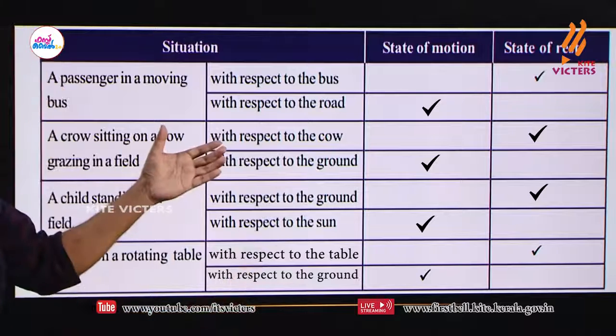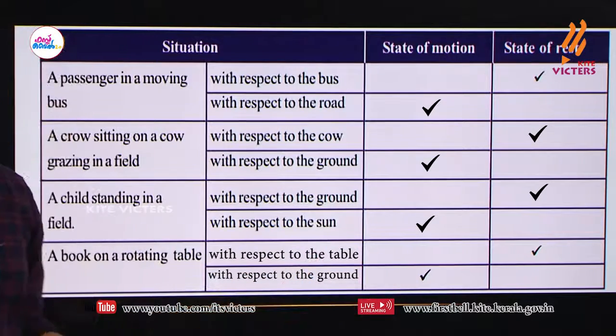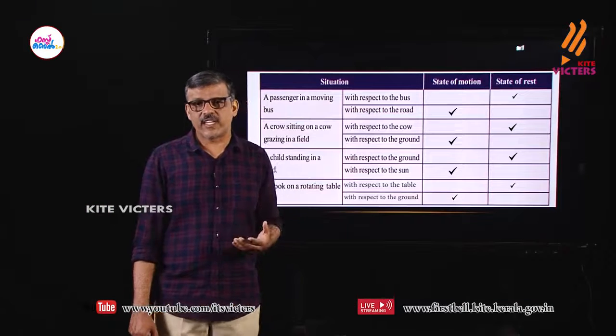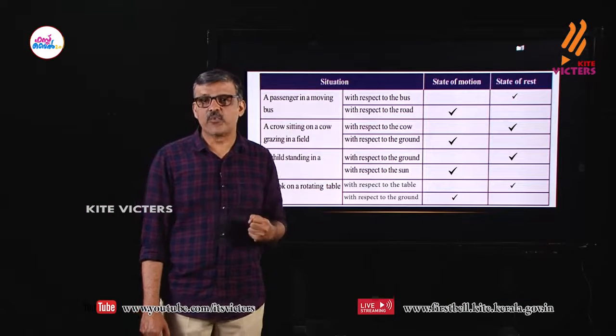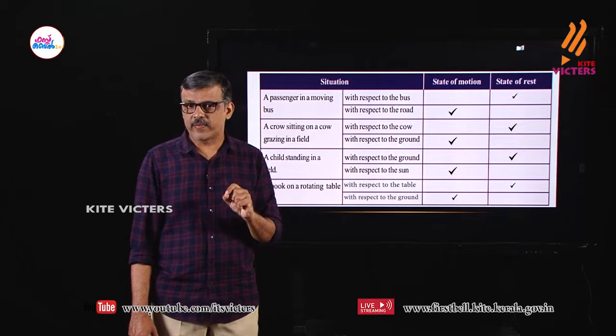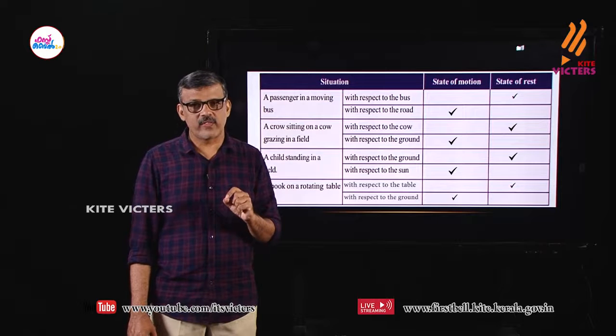By completing all the columns of this table, we can understand that in order to find the state of an object, we need to use a reference body. So, what is the meaning of a reference body? Can you give a clear explanation for reference body?